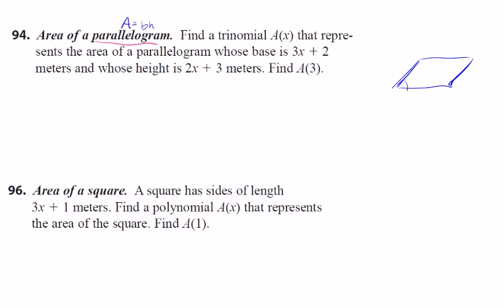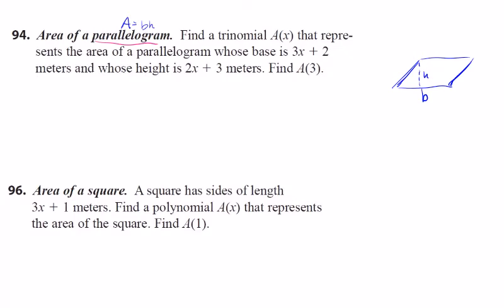But in any parallelogram, this angle and this angle aren't necessarily equal. The base is usually this down here, and then the height is that. So we don't really need to know what the shape looks like, but I just want to give you a little context for that formula.